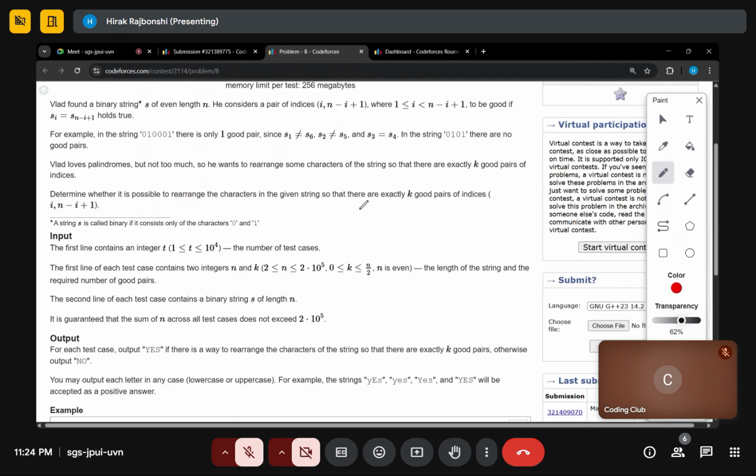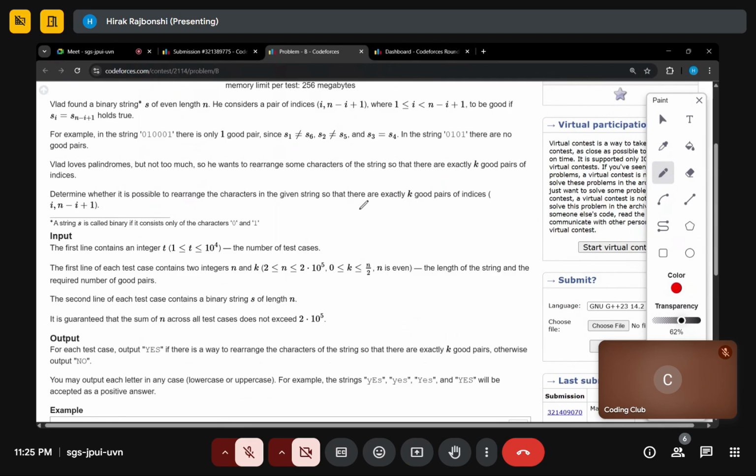Suppose n is given. So if we iterate while k is not equal to 0, if we have more ones, then we can use ones for a pair, right?